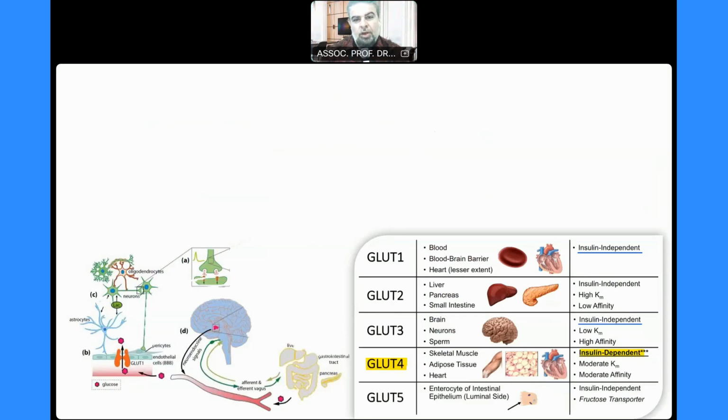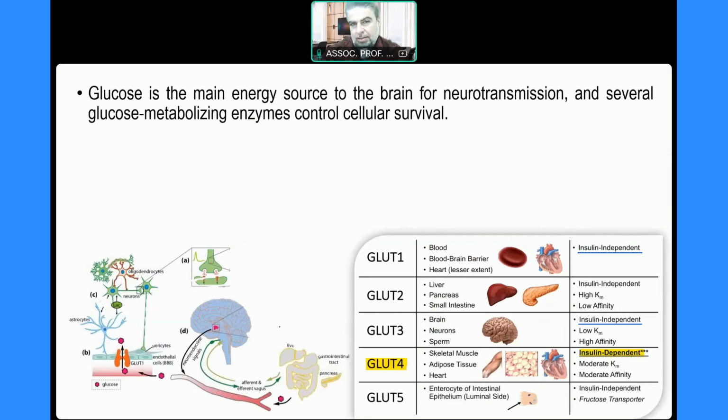Now, the third point for the tip today is glucose transport across the capillaries into the CNS and across other structures of the body, like the skeletal muscles. Glucose is the major source of energy for brain metabolism and even for the action potential, as we can see in this illustration.